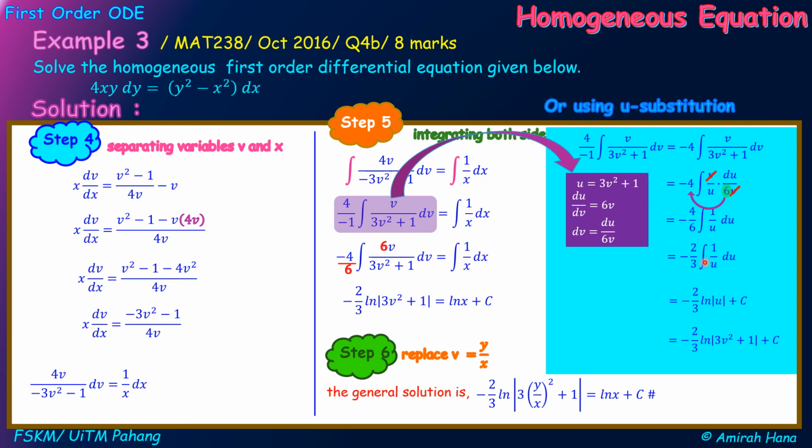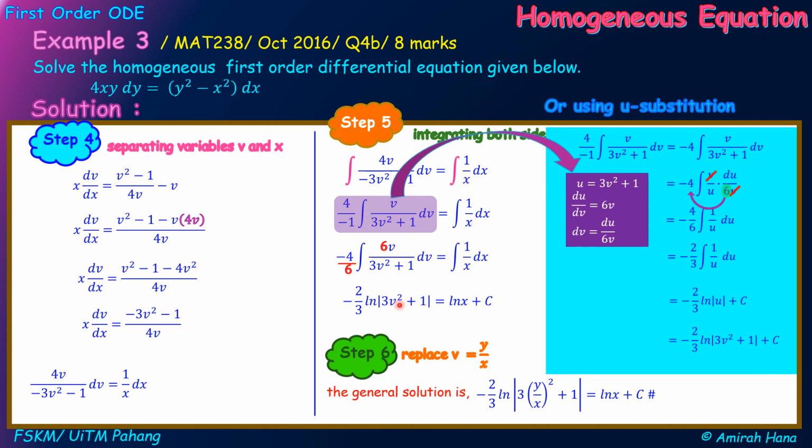And then the integration of 1 over u du. From here, we can integrate 1 over u du. It becomes ln modulus u plus c. After that, we replace u with 3v squared plus 1. So the answer is negative 2 over 3 ln 3v squared plus 1 plus c.